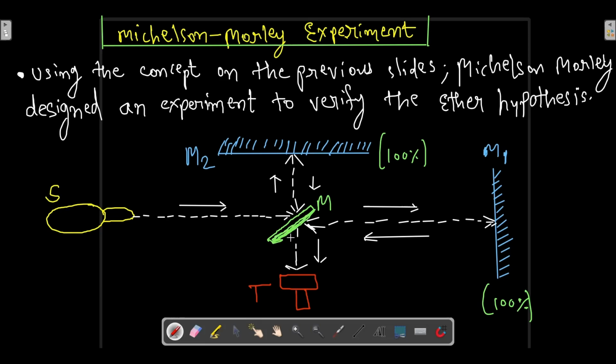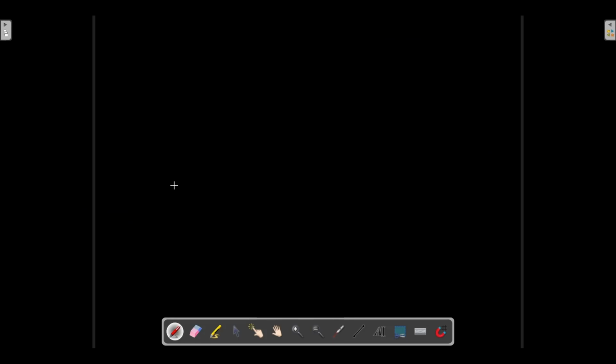The backward portion of the mirror M is polished with silver, but only half polished, not fully. In the front side it is normal. So what happens is that when the light beam is incident on this mirror, 50% of the light beam passes and 50% of the light beam is reflected.